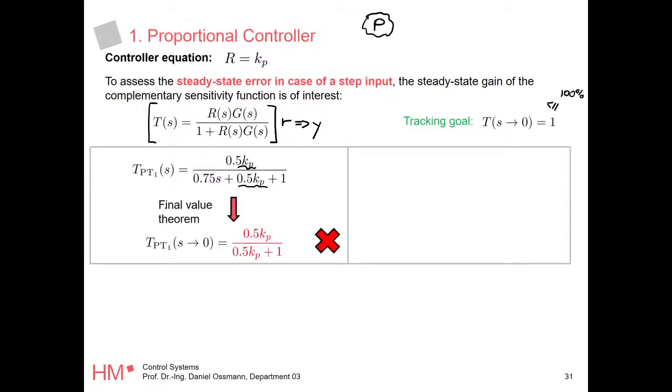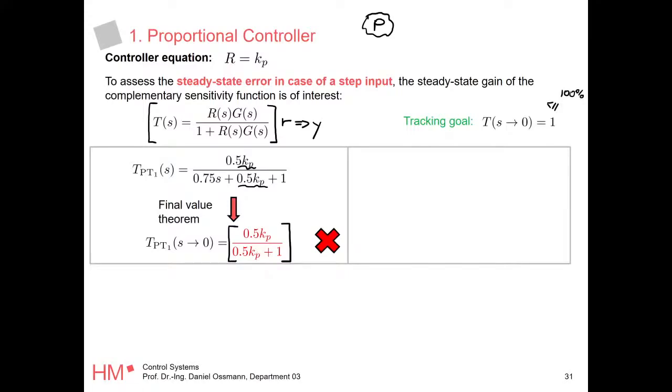If you do the final value theorem, so you look at what happens if I let s go to 0, meaning if you wait long enough, you get to this equation here. And you see this can never get to 1, because whatever you put in for KP, this will never be 1. So you can never reach 100%.